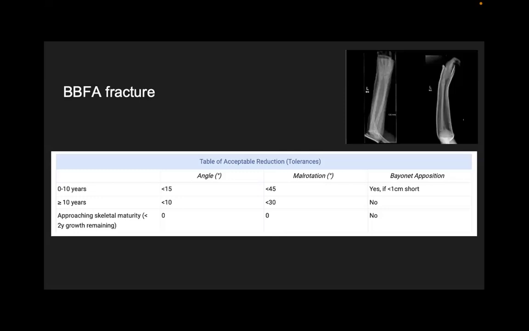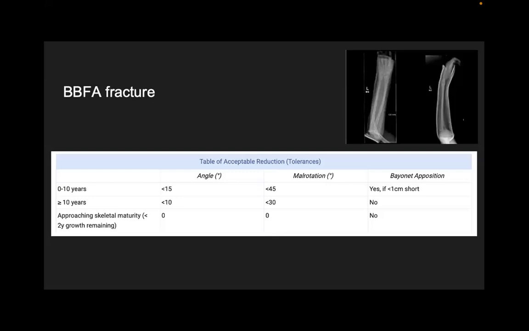If this line is still here, so I know it's in the right rotation, it's not backwards where the front is in the back or something like that, but it's a little bit open like this, right? This is angulation, right?